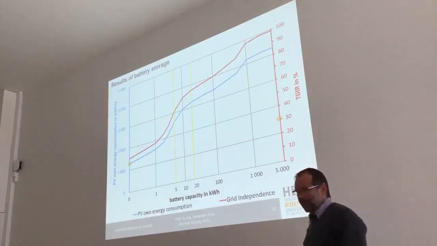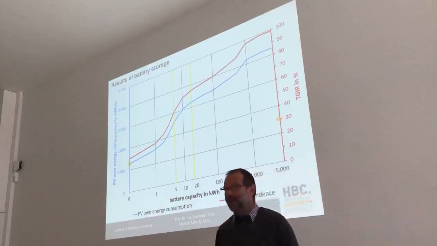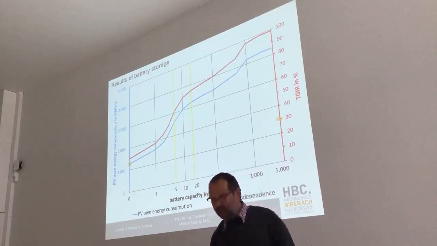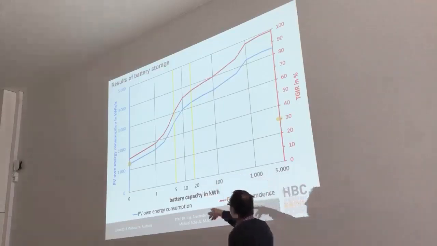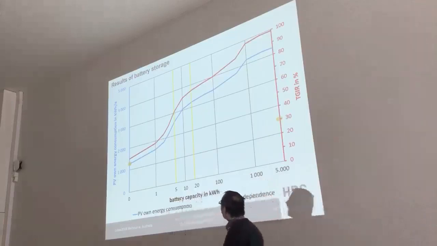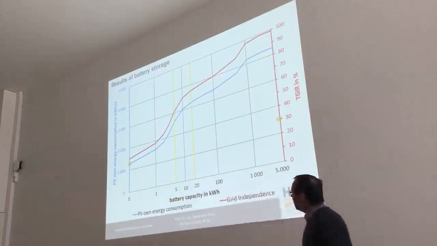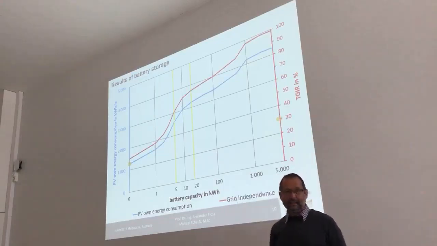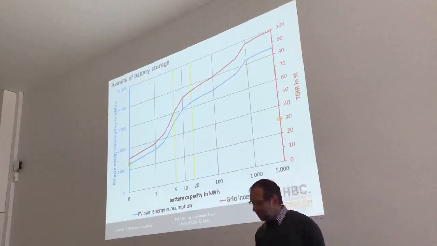Both values can be raised by adding a battery to the system, and with a small battery capacity of about 5 kilowatt hours, we can double those values. With 5 kilowatt hours capacity, we can reach a PV own energy consumption of about 2,600 kilowatt hours and a grid independent ratio of about 60%.